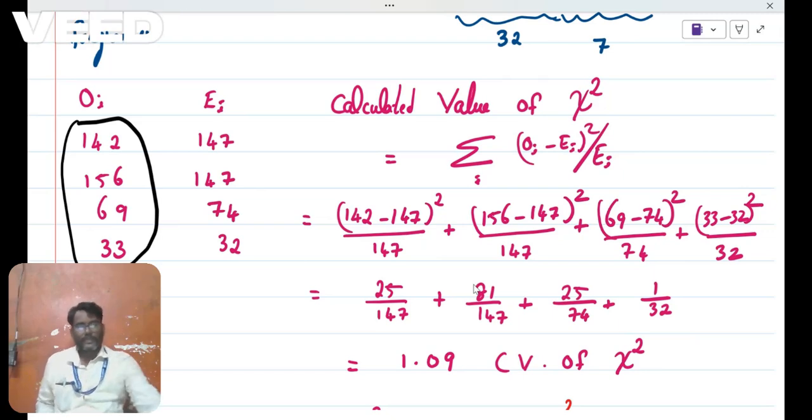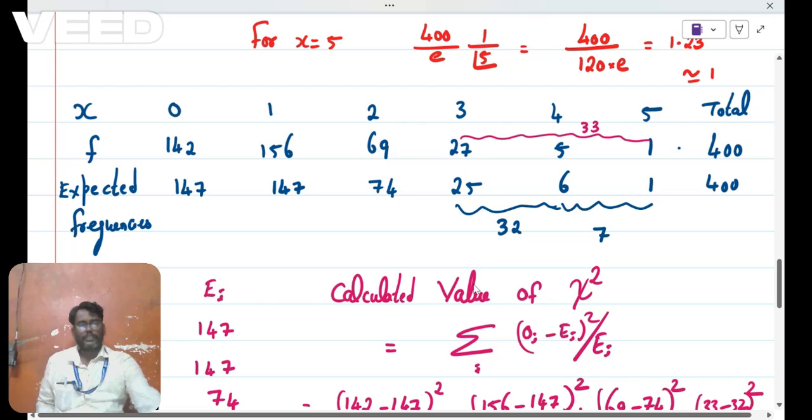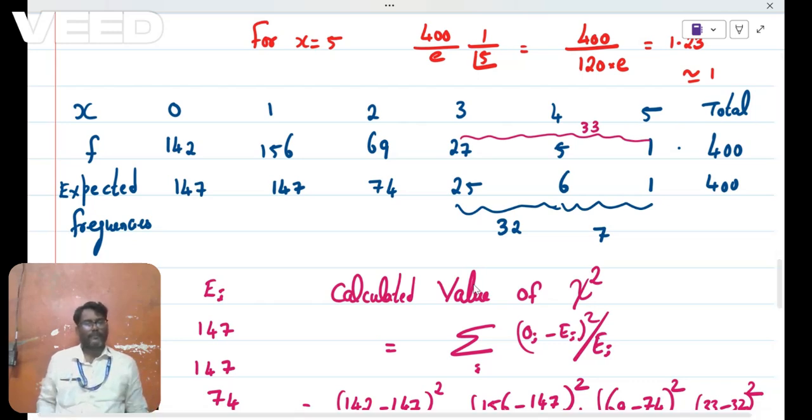Since in the observed and expected frequencies, the values for x equal to 4 and 5 are 5, 1, and for expected 6, 1.